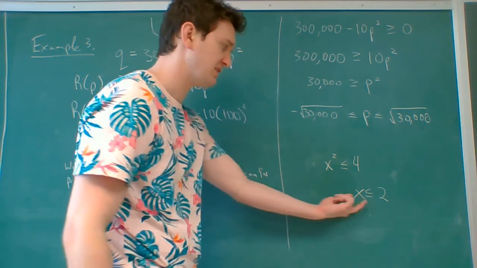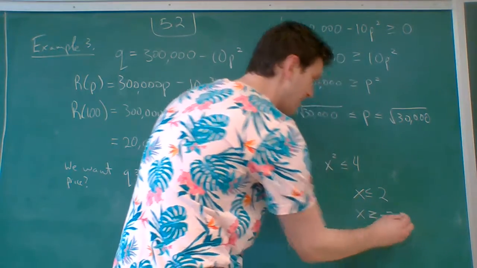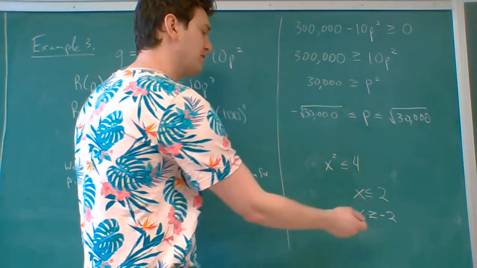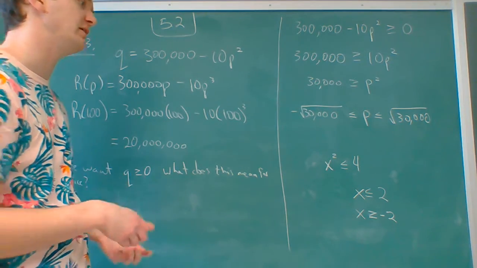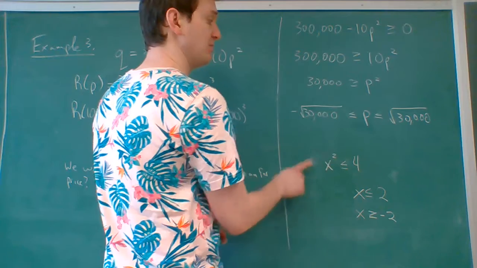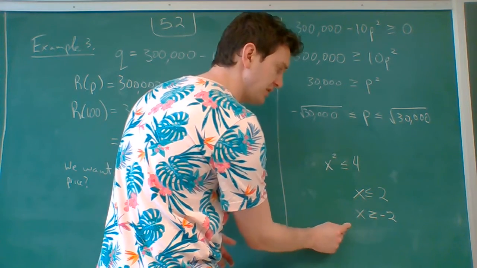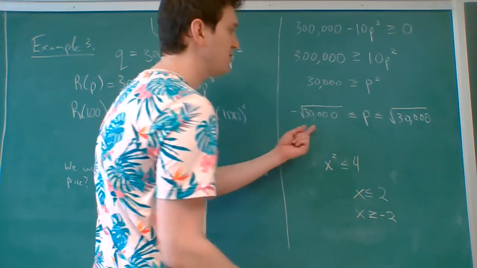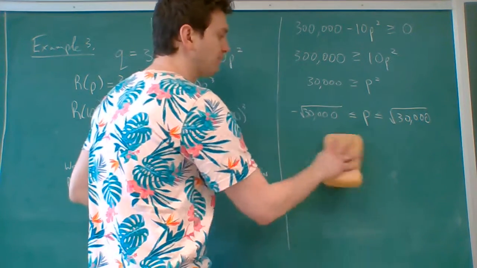But also x has to be greater than negative 2, because if I plug in anything smaller than negative 2, like negative 3, then this will be false. So x has to be less than or equal to 2 and greater than or equal to negative 2. That's what's happening here. It's just that the numbers are much larger and scarier looking.